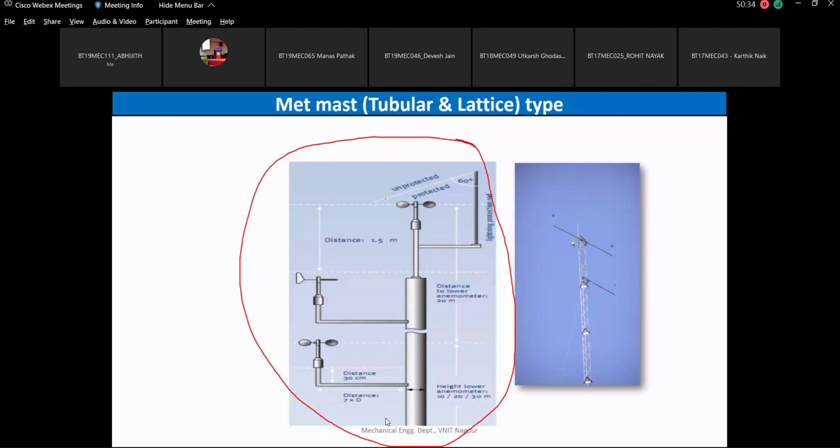Then it will work properly. The distance as the height of the lower anemometer, 10, 20, 30. That standard distance we have to maintain.